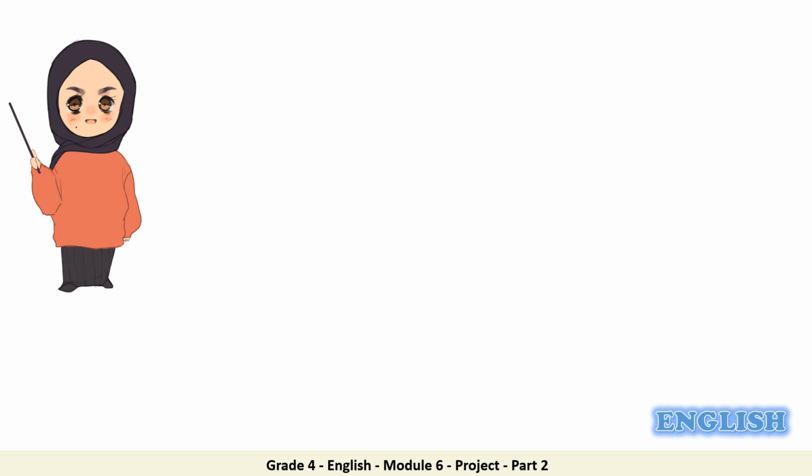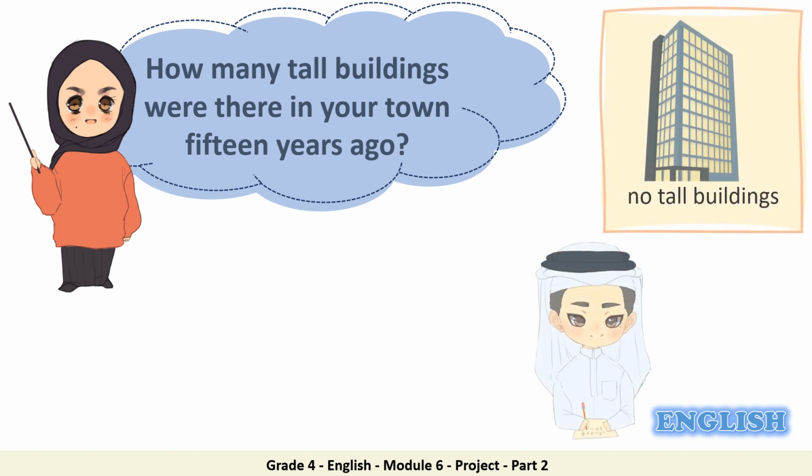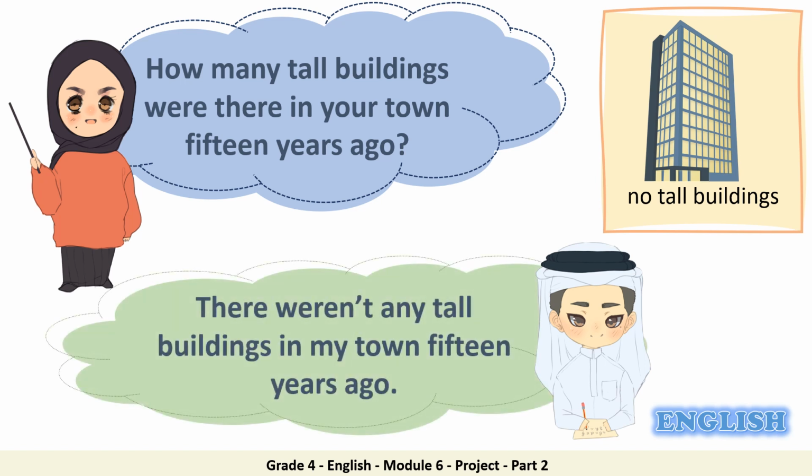Let's continue. How many tall buildings were there in your town 15 years ago? Look at the picture. No tall buildings. So Ahmed would say, there weren't any tall buildings in my town 15 years ago. Super.